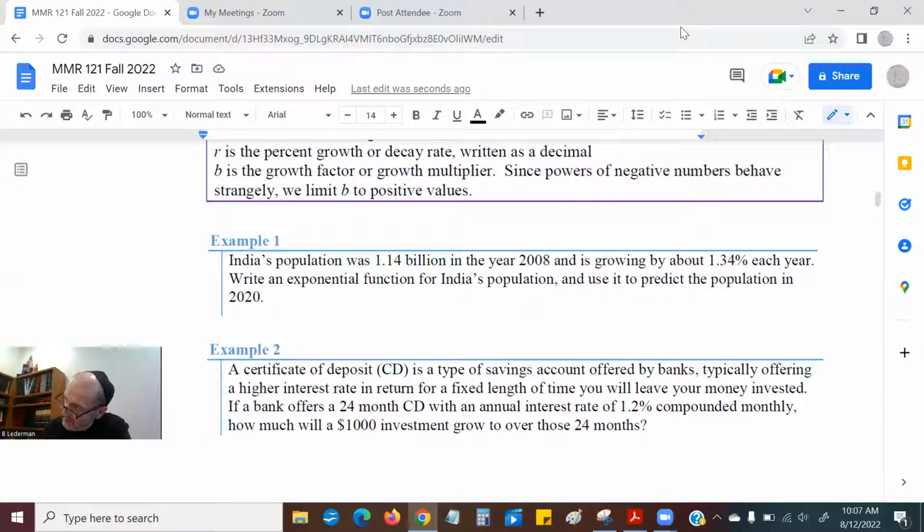So basically putting down $1,000 for 2 years, compounded monthly, at 1.2% interest. Okay, let's see how much money you're going to have after 24 months.